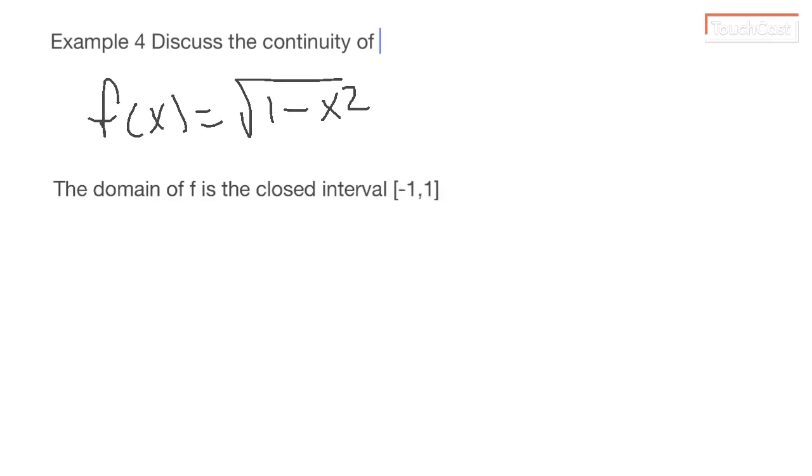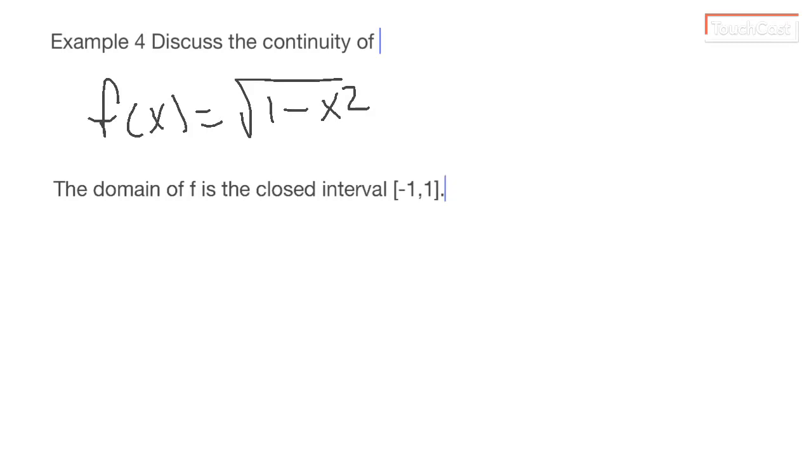because if we used any numbers that are smaller than -1, like -2, our function would give us an imaginary answer. If we used any numbers bigger than 1, like 2, again we'd get an imaginary number, because 1 minus 2 squared would be 1 minus 4, which is -3.